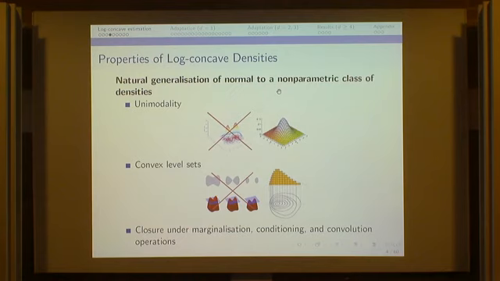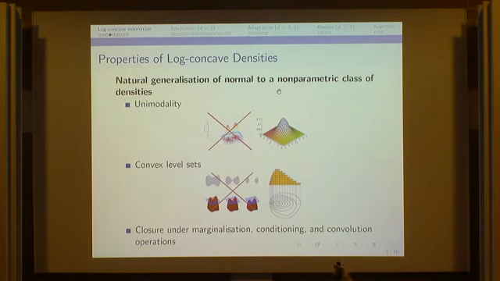And lastly, if we have a log-concave density and take the marginalization, then the resulting one is log-concave. So that's the property of closedness under marginalization. Also, under conditioning and convolution, the resulting density is also log-concave.